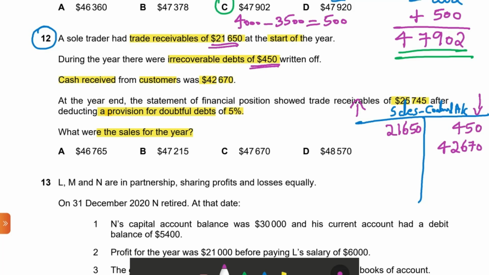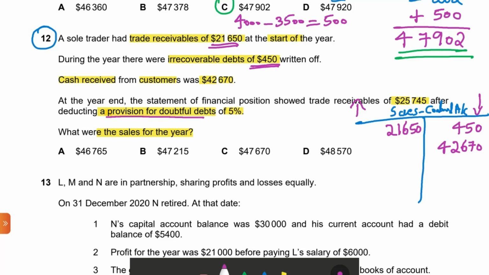Then at the year end, the statement of financial position showed trade receivables 25,745 after deducting the provision for doubtful debts.